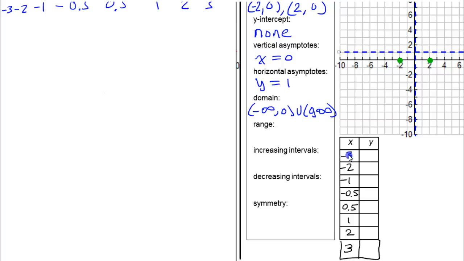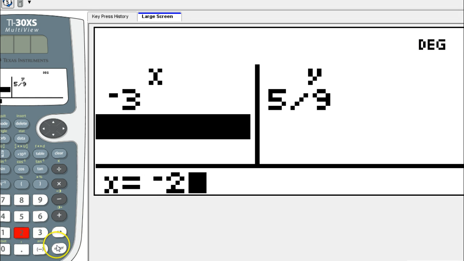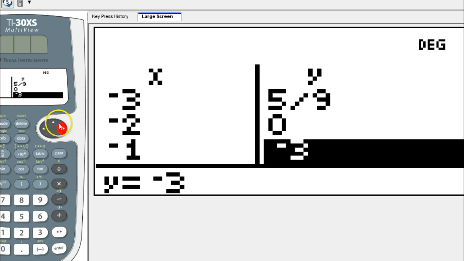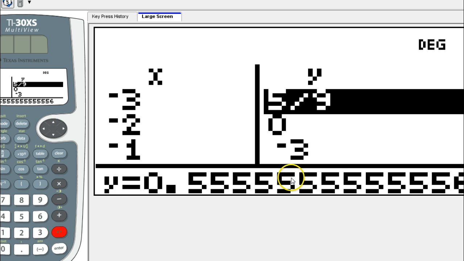So if I type in negative 3, negative 2, and negative 1, for example. Okay, negative 3, negative 2, negative 1. So that gives me these. 5/9 is a weird fraction, so I'm going to highlight it, toggle it, I get the decimal. I'm going to round this to 0.6 because the next number is 5 or higher, so you round up.